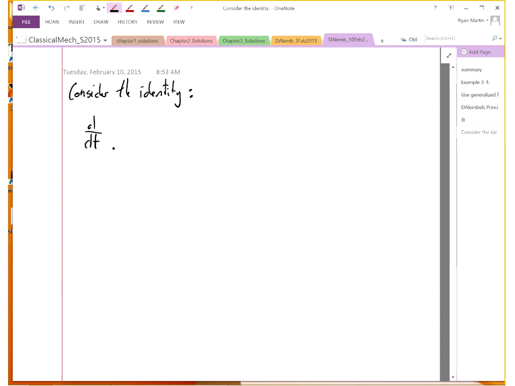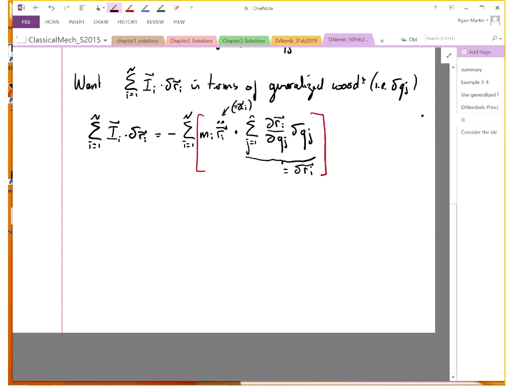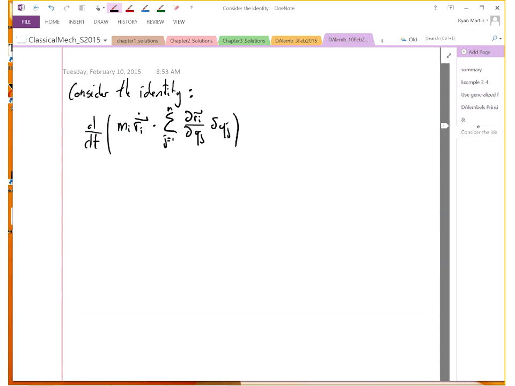Take d by dt of m_i times r_i with a single dot, and that's dotted with the sum from j equals 1 to n of partial r_i vector by partial q_j delta q_j. So it's almost the term that we have in square brackets, except it's a single dot on the r_i.